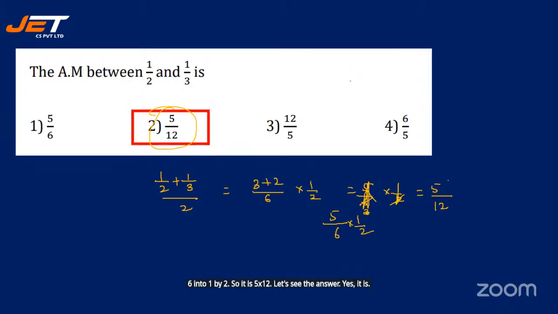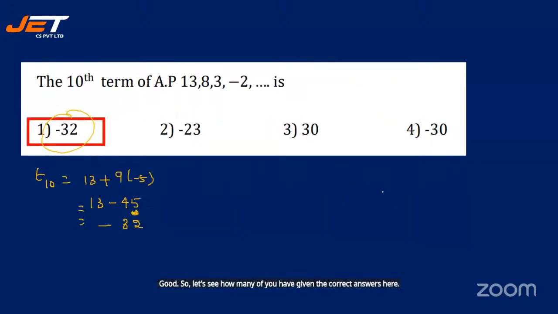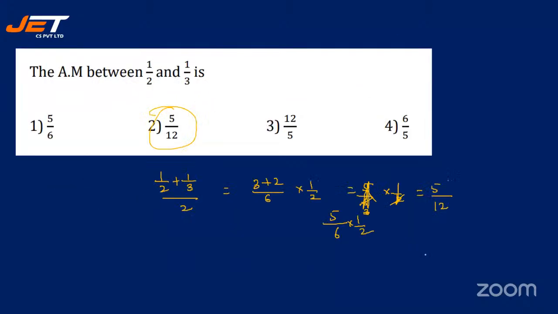Good. So let's see how many of you have given the correct answers here. Yes, I have many students: Satvika, Bhagyalakshmi, Manasa, Nikhila, Vaishu, Banu Prakash, Gayatri, Prem Charan, Aisha, Meenakshi.